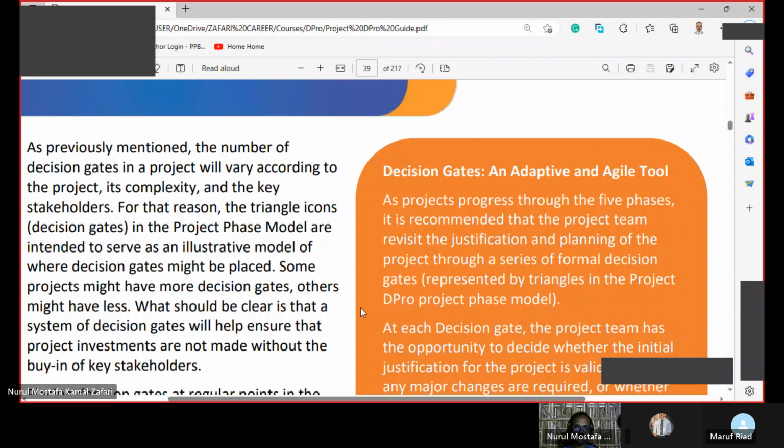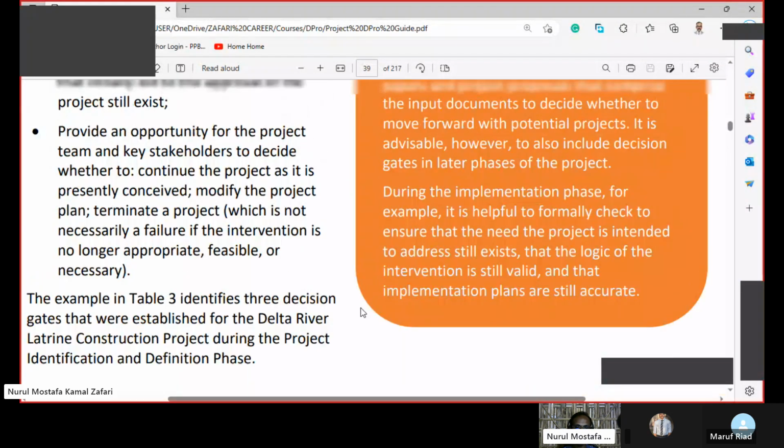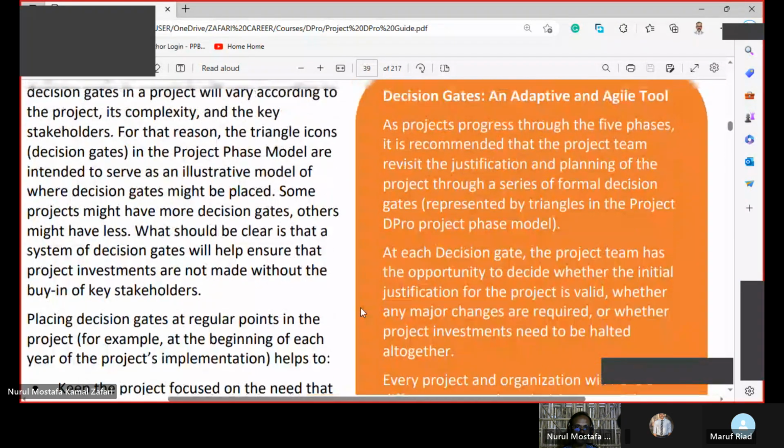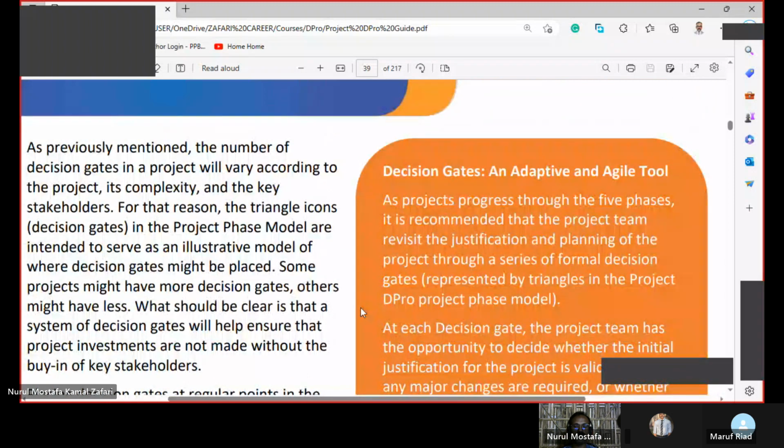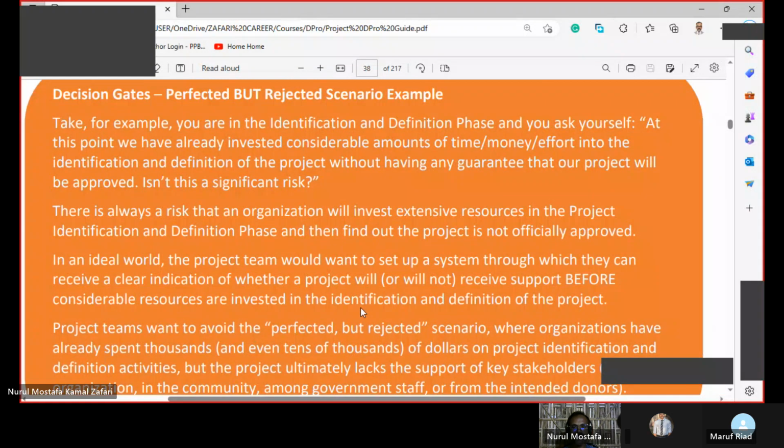Perfected but rejected scenario is a scenario where you have submitted all of your researches, all of your documents to the donor, and the donor said that, okay, look at these things and these things and these things, and we cannot fund the project right now.